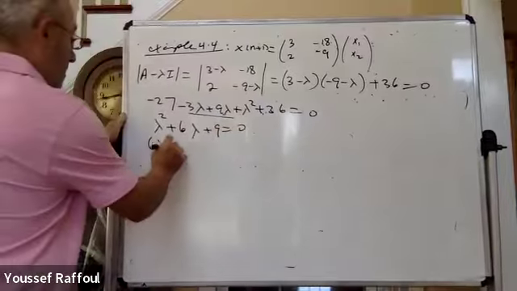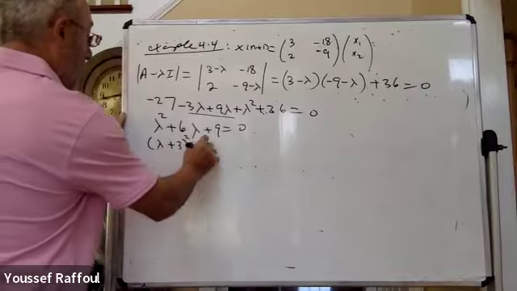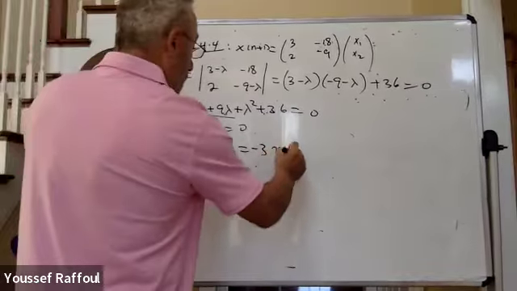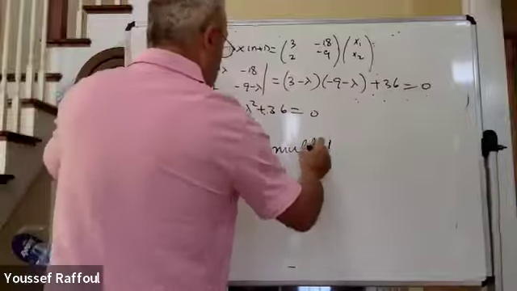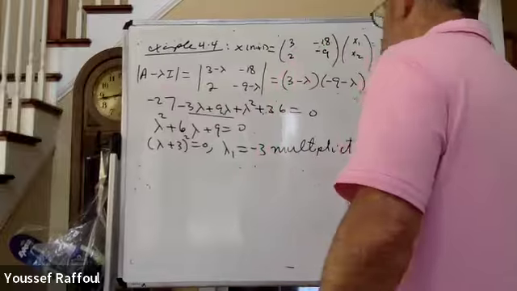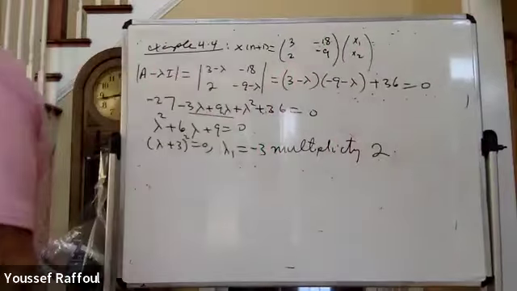And that is (lambda plus 3) squared equals 0. So we got lambda 1 equal to minus 3 of multiplicity 2. All right?